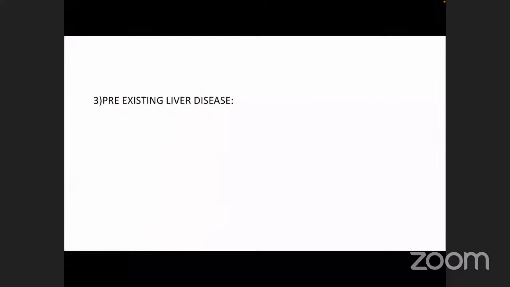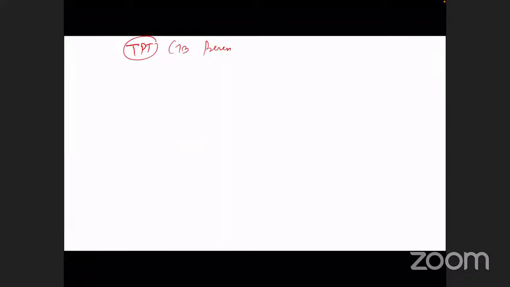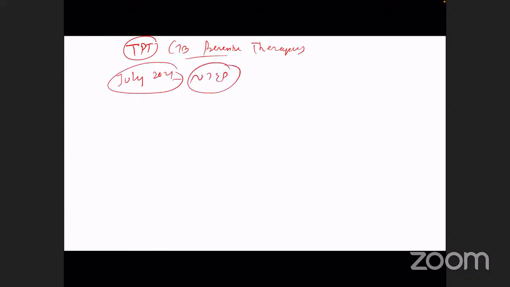There is no confusion about this at present for something called TPT, tuberculosis preventive therapy. There is no doubt about this, because you have the July 2021 guidelines, which specifically address only this thing, TB preventive therapy by NTEP. This is the latest guideline which has been given by the NTEP.